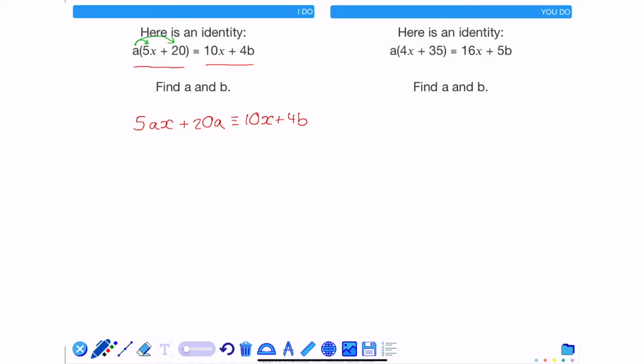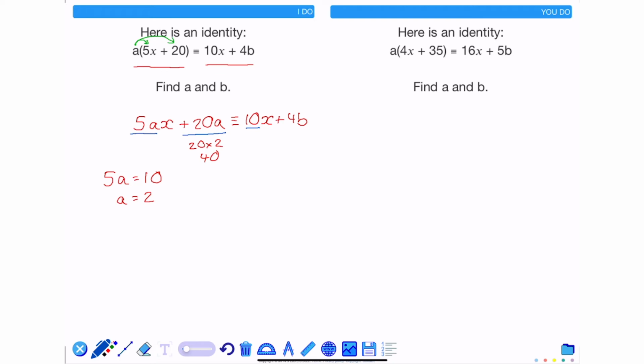Now looking at the coefficient of x, 5a must be exactly the same as 10. To create an equation, 5a is equal to 10, this leads to a must be 2. If a is 2, the second term, 20a, would become 20 times 2, which is 40.